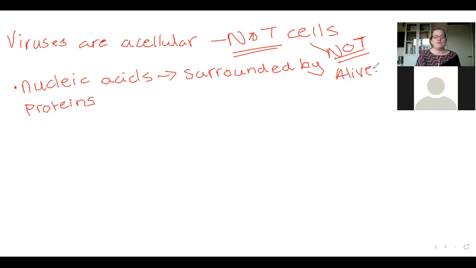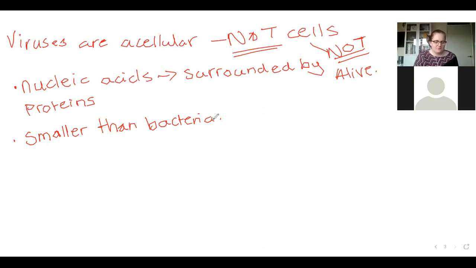They are smaller than bacteria, which is probably something that you can remember from GCSE. They are super tiny. Obviously, bacteria are tiny, but these are even tinier. For example, an HIV virus is about 0.1 micrometers wide in diameter.